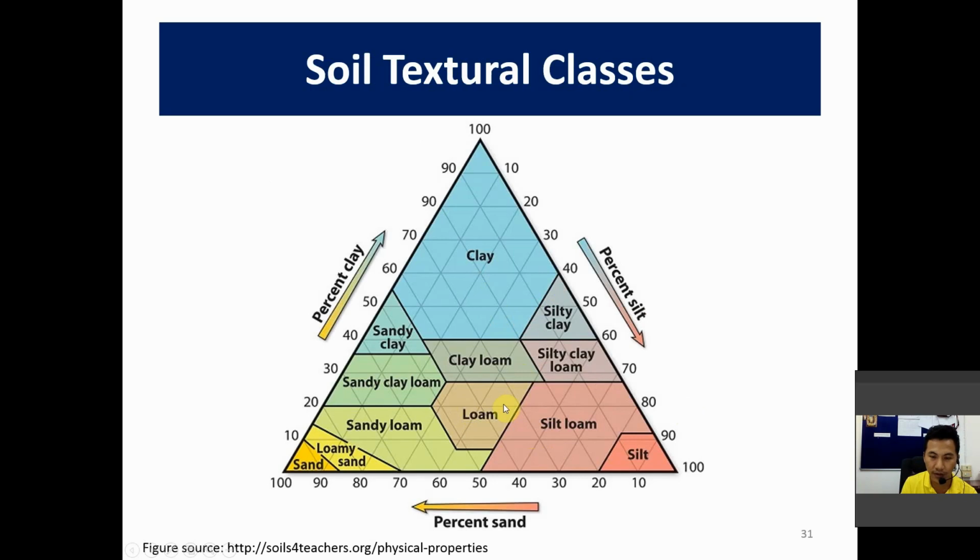For instance, suppose you have something like this. I'd like to leave a question here: if you have an equal percent of individual particles, sand-silt-clay, like 33.33 each, but they're all equal, what kind of soil texture will you get?